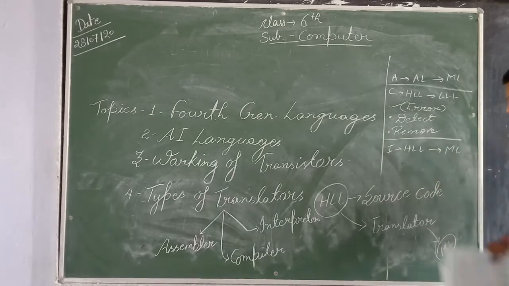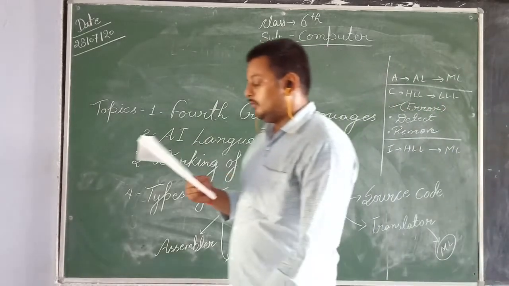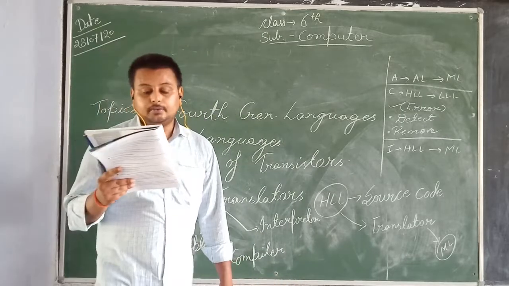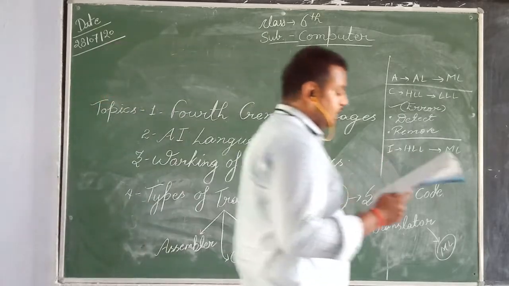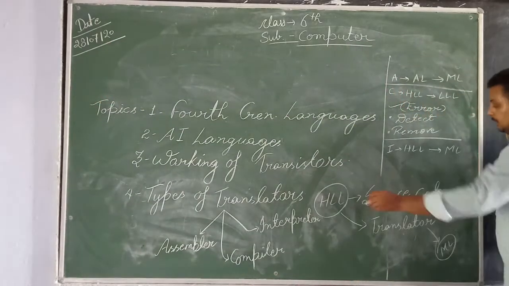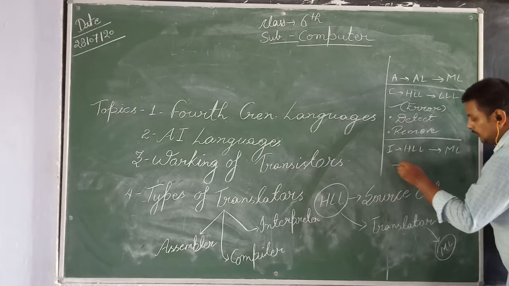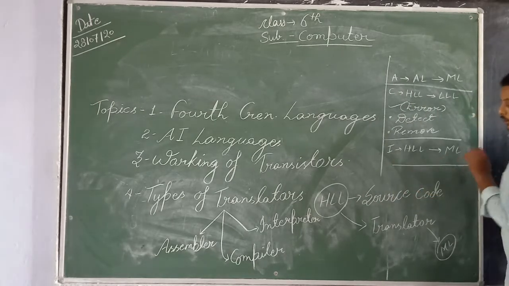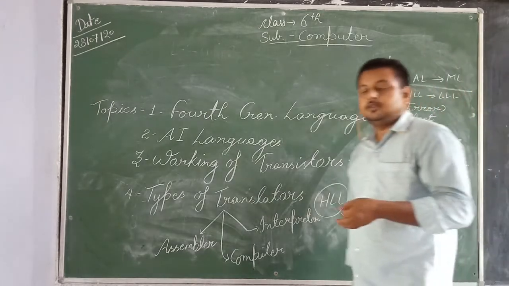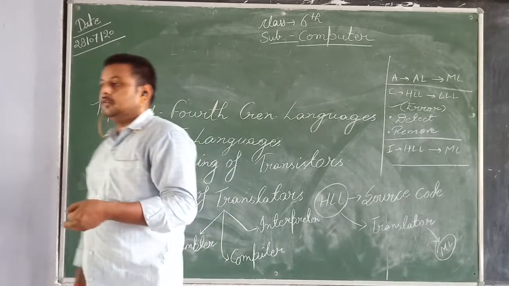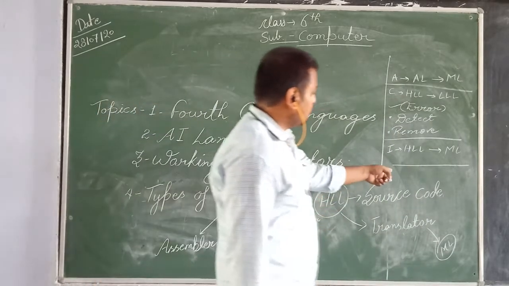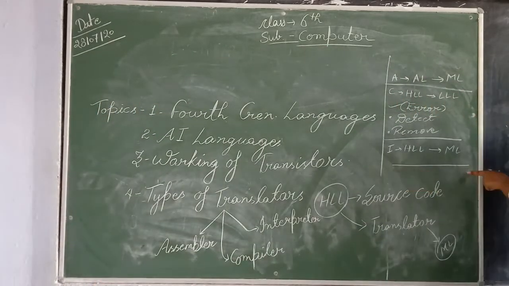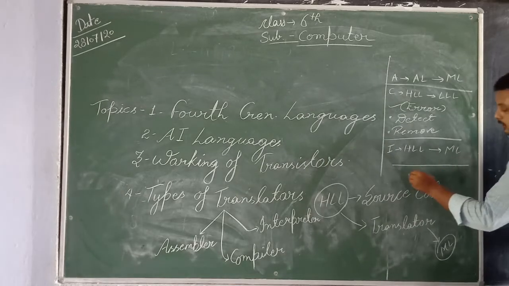It translates one line of a program at a time and reports the error once it is encountered. Whatever code you give to the computer system, it reads the first line and after that detects the errors.